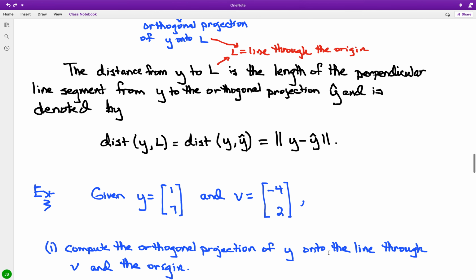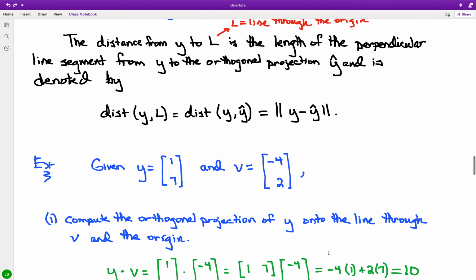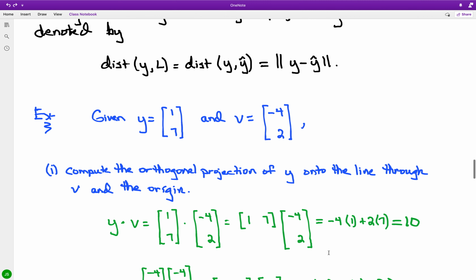Given these two items, we are asked to compute the orthogonal projection of y onto the line through v and the origin. For the necessary ingredients, we look at the dot product between y and v, which is 1, 7 dot negative 4, 2, and the value ends up at 10.